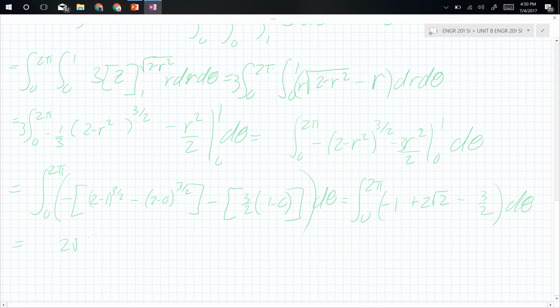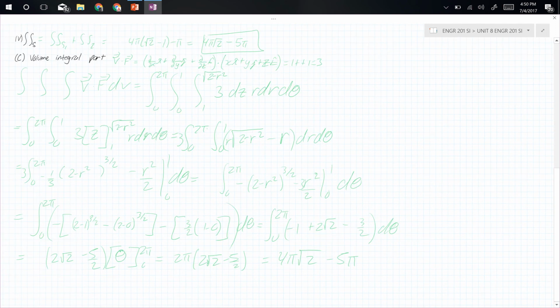So then this will equal square root of 2 over 2, and this would be minus 5/2 times the integral for theta, which is just theta from 0 to 2 pi. And this will equal 2 pi times 2 square root of 2 minus 5/2. This would equal 4 pi square root of 2 minus 5 pi, which is exactly what we got at the top there.